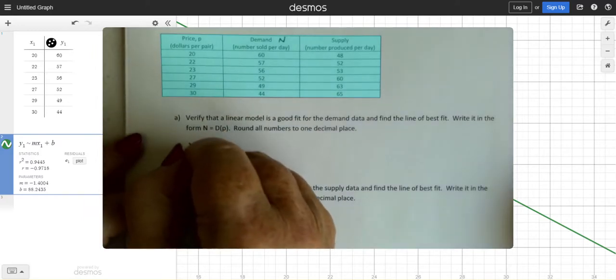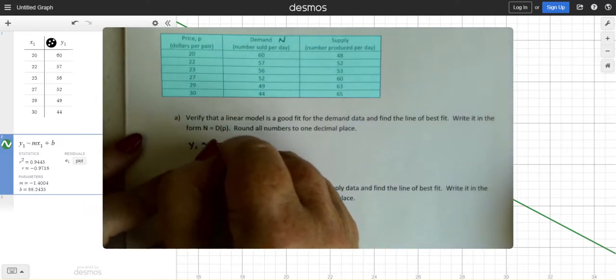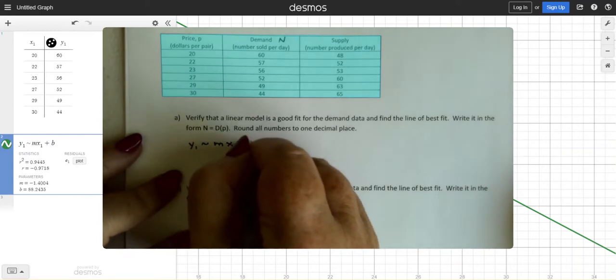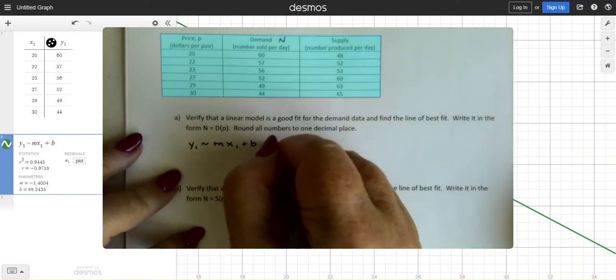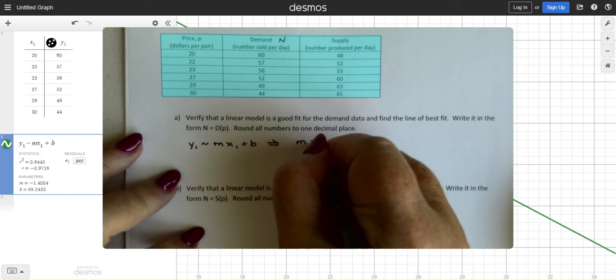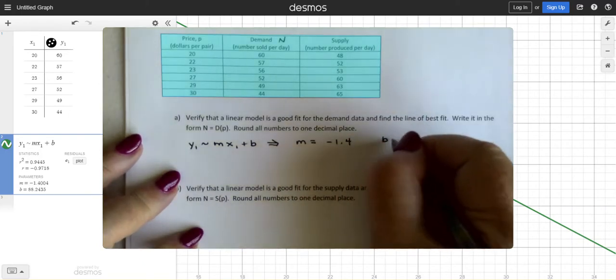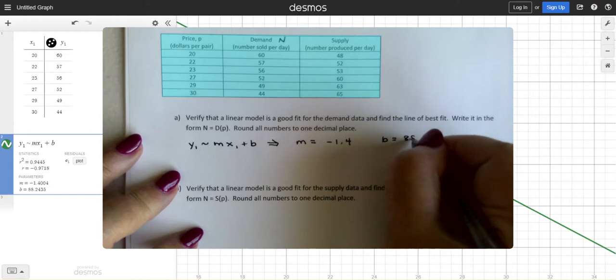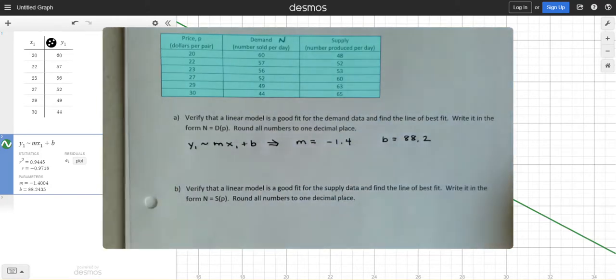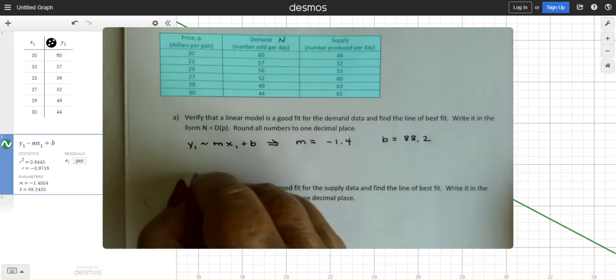So again, just as a quick reminder, we did y1 tilde mx1 plus b. That gave us an m of negative 1.4 if I round to 1 decimal place, and a b of 88.2. All right, I want to write this in the form n equals d of p.